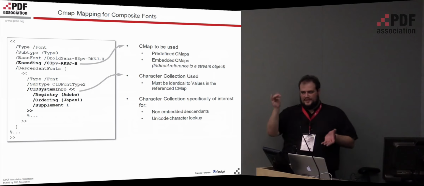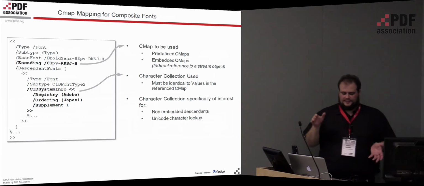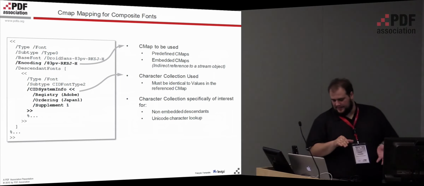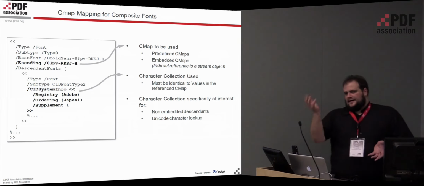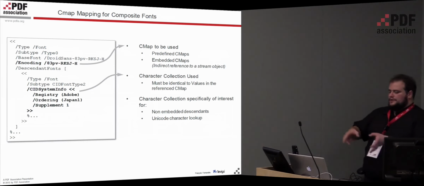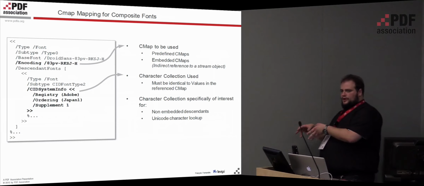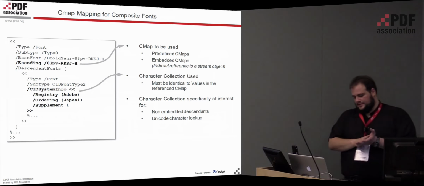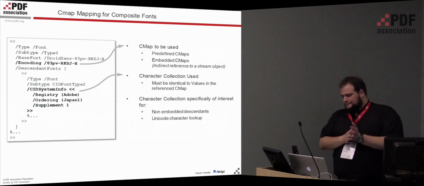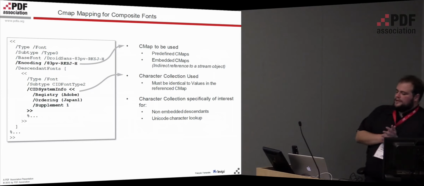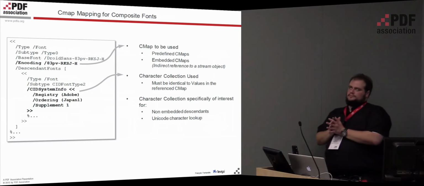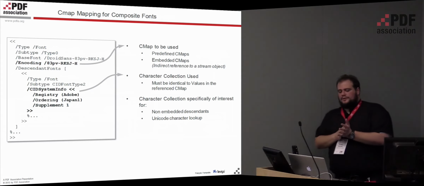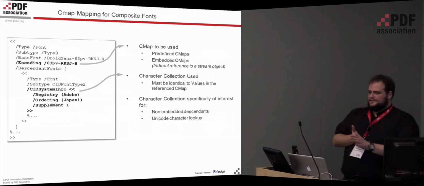You have your composite font, and why it's called that, I'll get back to that in a minute. And it has descended fonts, which are typically a font file associated with it. Not necessarily embedded, but associated. And typically, in a lot of cases, predefined CMAPs are being used.